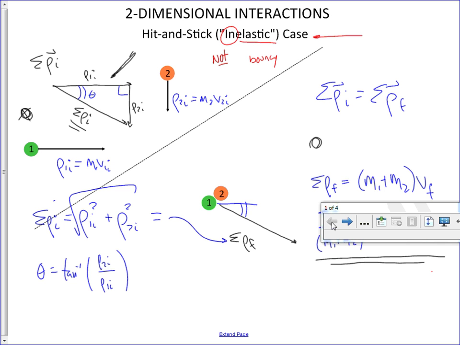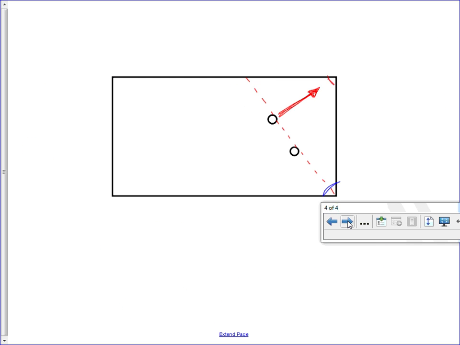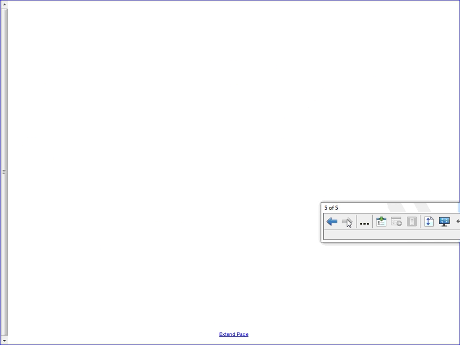We can prove that really easily. You want to see how? Let's do this case. Mass m with speed v hits a same-mass object, and in the end they stick together. We agree that the system now moves at a speed v over 2, I hope. Can we agree on that? We should be able to.